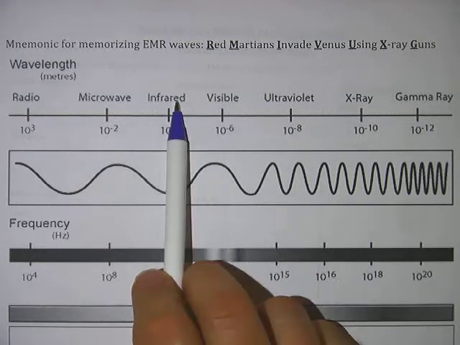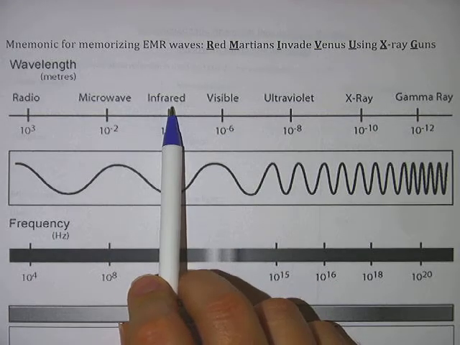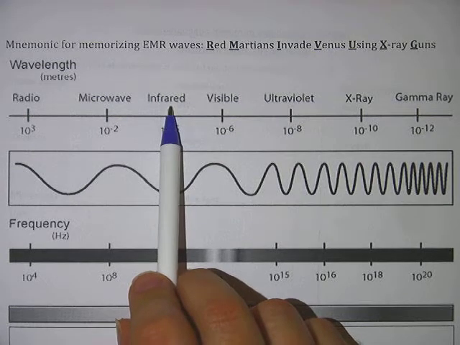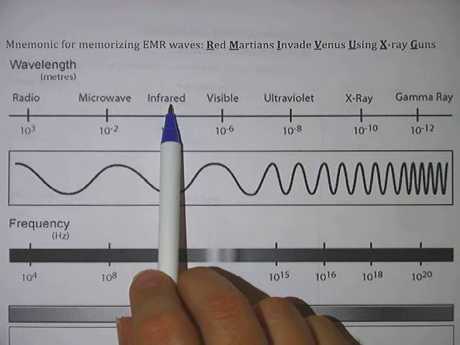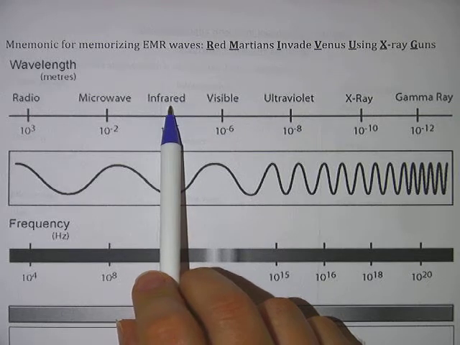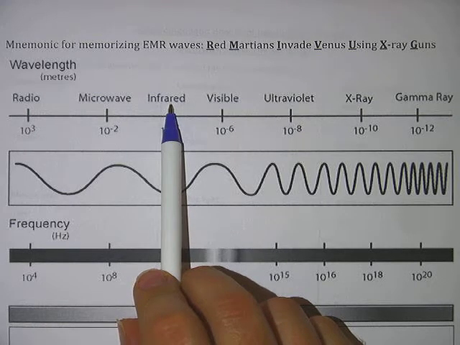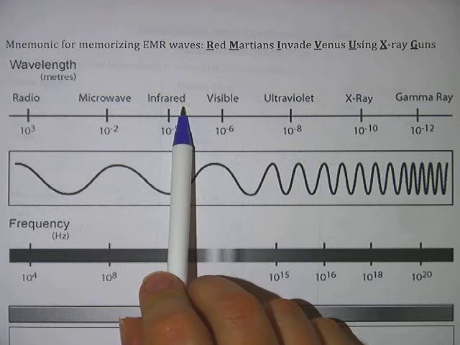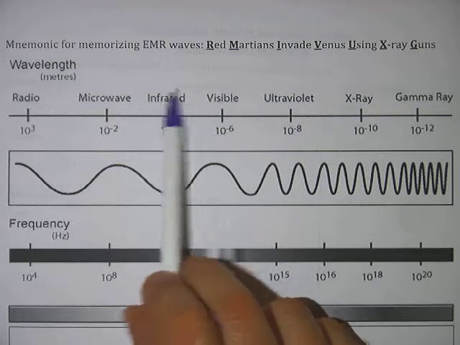Infrared waves or infrared light, you probably have encountered it if you're watching TV and you see someone using heat vision goggles, night vision goggles. Those use the infrared spectrum, or just your remote control to your TV uses infrared light.